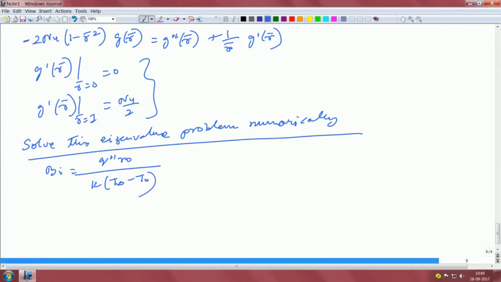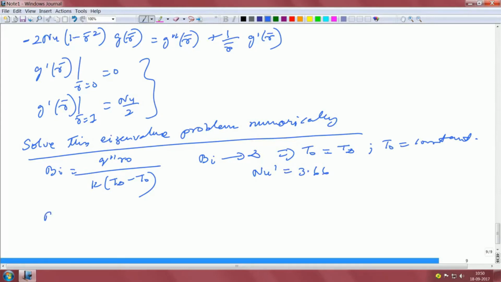In the limit that Biot number goes to infinity, that would imply that T naught must be equal to T infinity. So, this basically means that T naught is equal to constant. In this particular case the duct side Nusselt number, Nu prime, should be equal to 3.66 in the limit that Biot number approaches infinity.